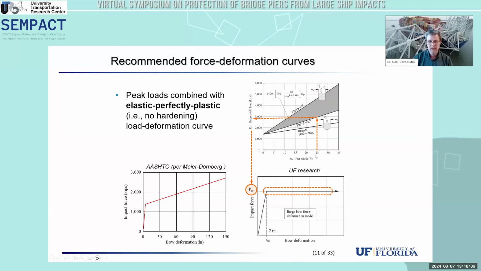So, for example, if we had a 25-foot wide surface and a 30-degree deviation between the waterway alignment and the pier face, that would tell us that for a barge impact, we'd have something less than 3,000 kips as our maximum value. So that then becomes the plateau level on this elastic, perfectly plastic force deformation model.